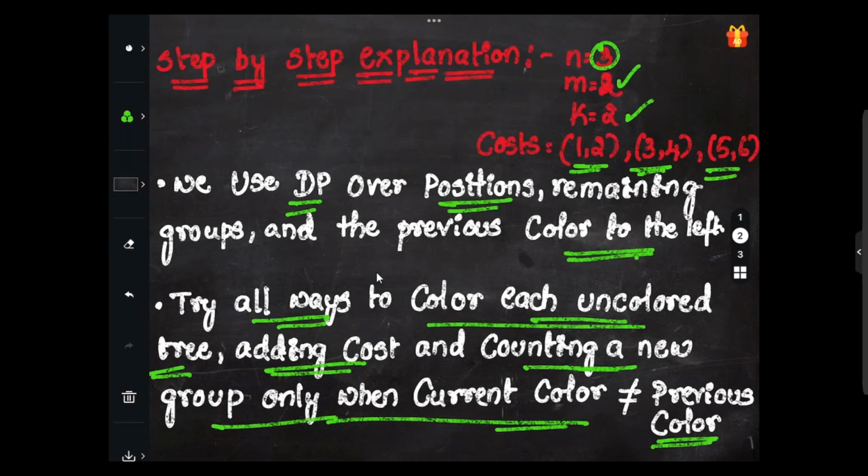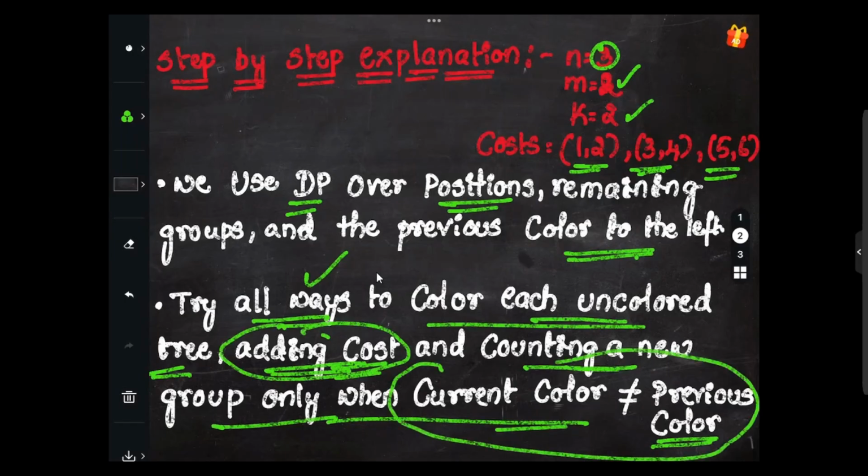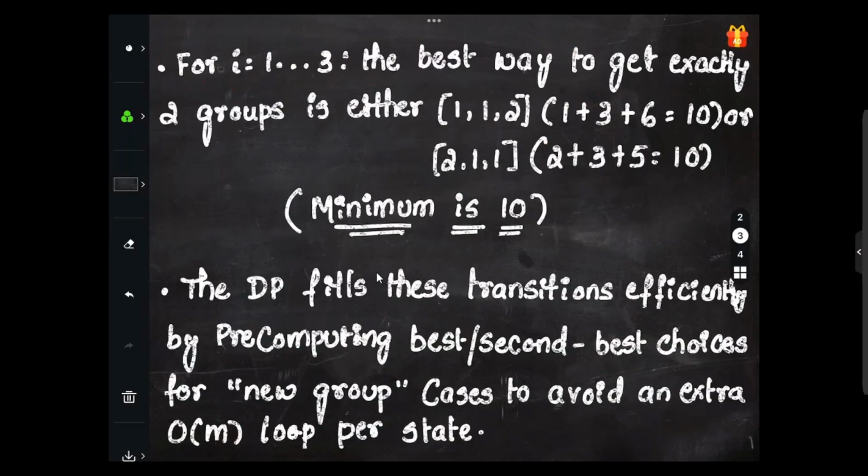So that is the reason we will first try to color each uncolored tree. We will be adding the cost which is necessary according to the question, and we will be counting a new group only when the current color is not equal to the previous color. So this one we have to keep in mind. So we will be going with the iterations from 1 to 3.